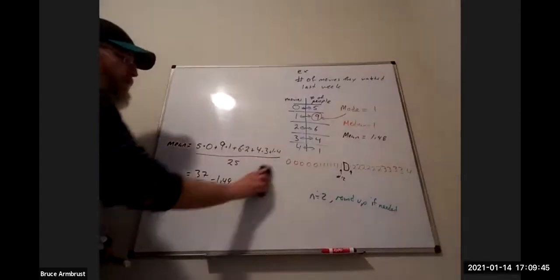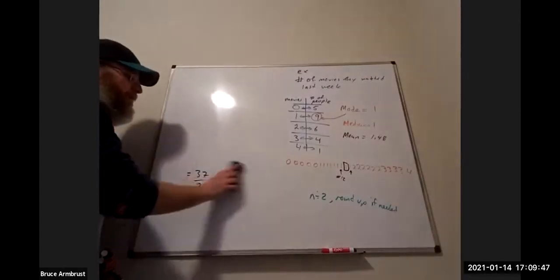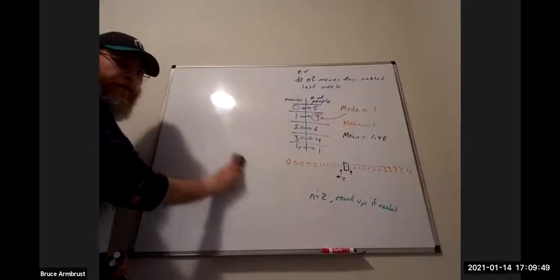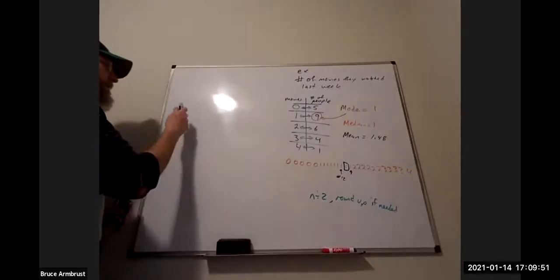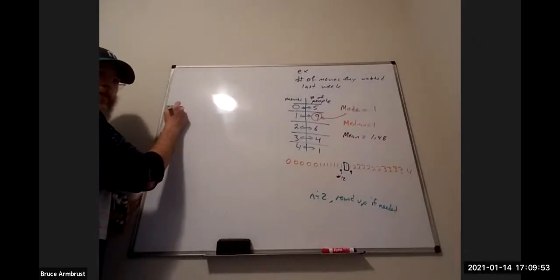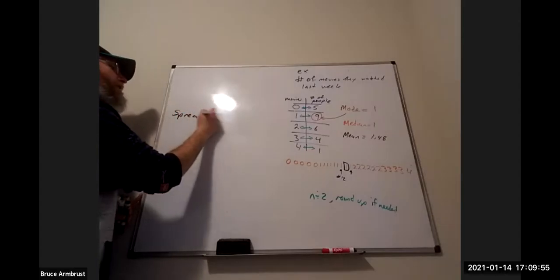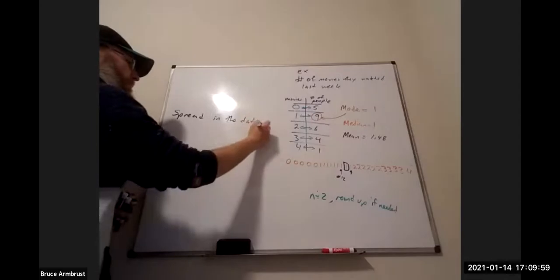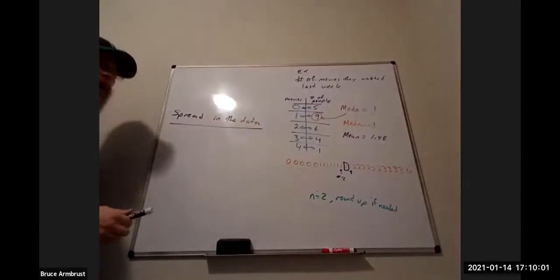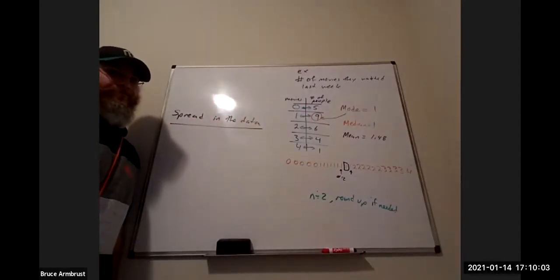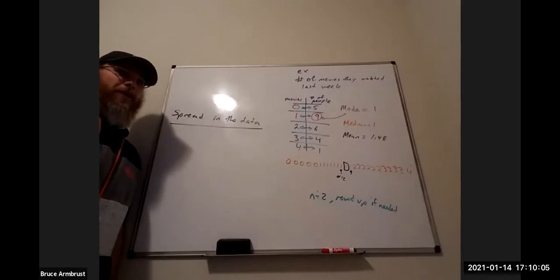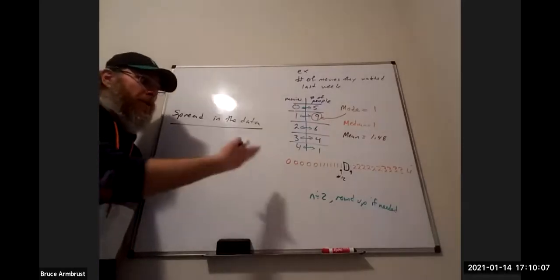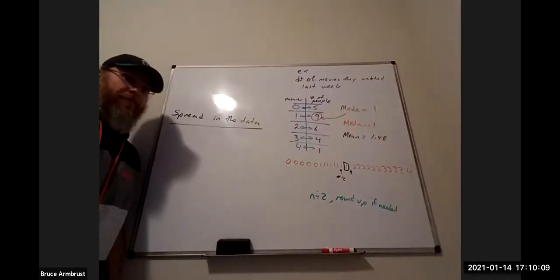All right, so let's move to this idea of spread of the data. So that's going to be the next question. What about the spread in the data? Because we want to be able to describe that. We want to talk about, well, are all of our numbers really close to that mean, that median?